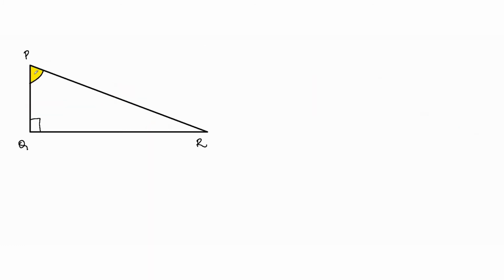Let us assume that P is the angle that is under consideration right now. With respect to angle P, QR is the opposite side. So let us mark it. QR is the opposite side. PQ is the adjacent side. And PR is the hypotenuse. Now what ratios are possible? One ratio is opposite upon hypotenuse. The other ratio is adjacent upon hypotenuse.